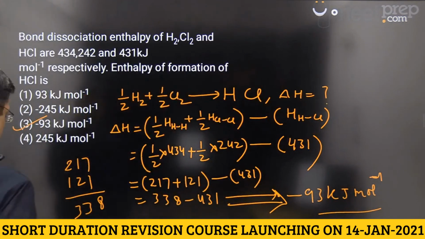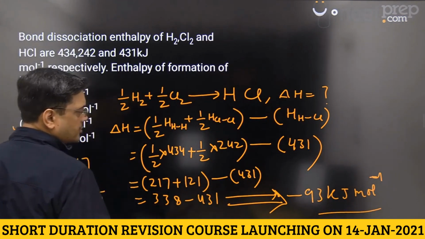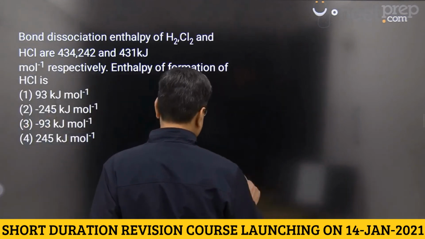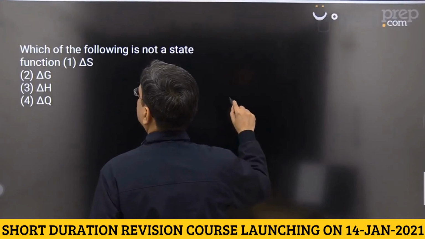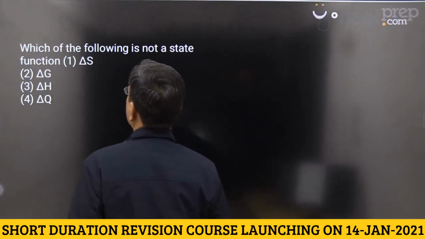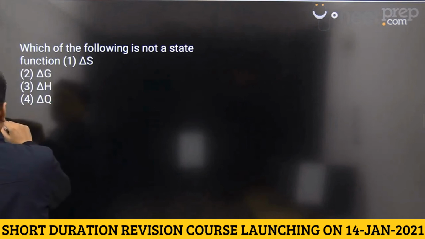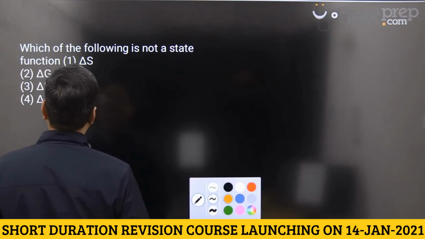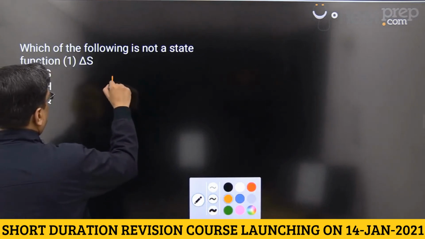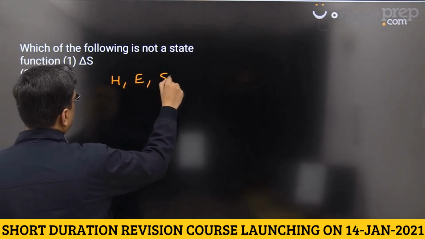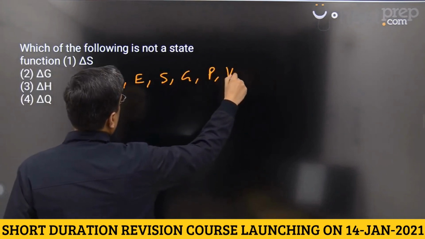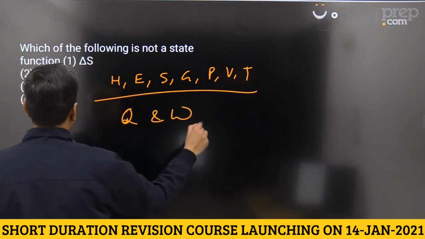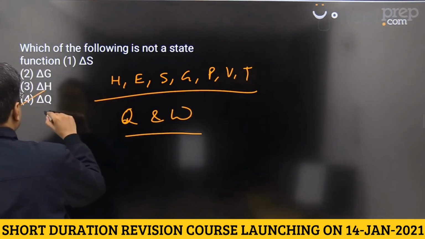Now we move to the next question. Is it clear? This is an easy question, already done in the concept: which is not a state function? You know that H, E, S, G, P, V, T are state functions, Q and W are not state functions. So the fourth is not a state function.